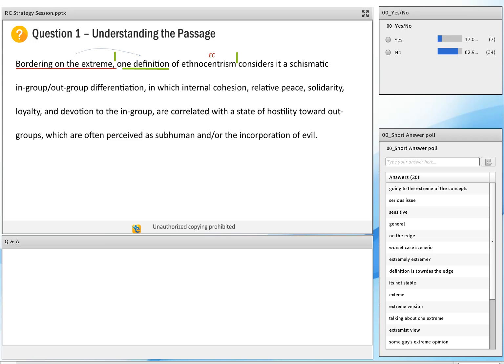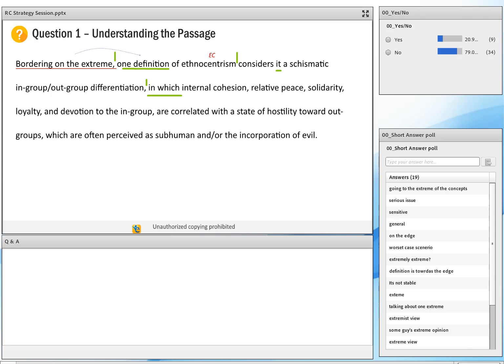Right, then I read further. This definition considers it a schematic in-group out-group differentiation, and I pause here. Why? Because I see a "in which" after this, which means I'm going to see more descriptive information. So this definition considers it. Now what does "it" refer to? It refers to EC. Considers EC a schematic in-group out-group differentiation.